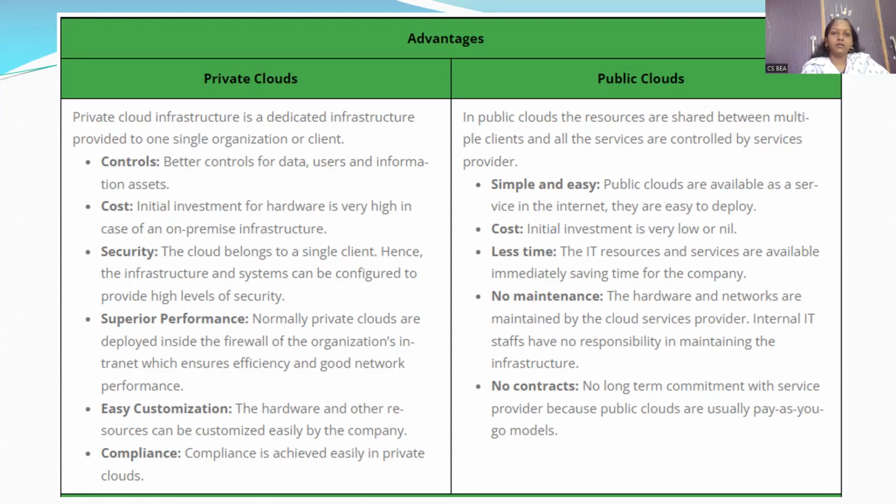Because here the initial investment will include all the security measures, implementing your own private cloud. So for that purpose, you need separate infrastructure. Here in this case, everything will be maintained by the service provider only. So nothing is there like public or shared. So that's why the initial investment here is very high.